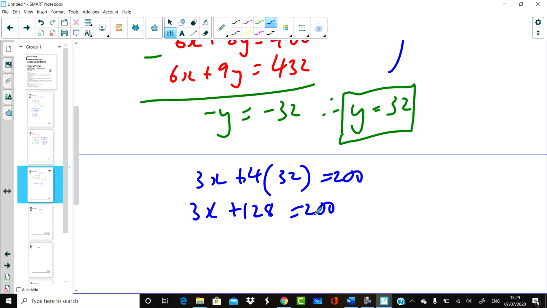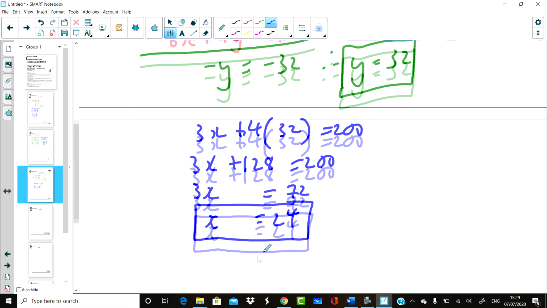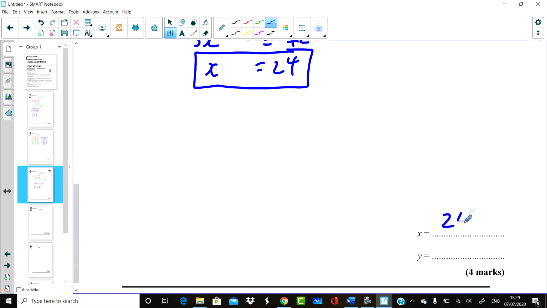If we move that 128 to the right side, so take away 128 from both sides, we end up with 3x. 200 minus 128, that's going to give 72. And divide both sides by 3, we're going to end up with 24. So x is 24 and y is 32.